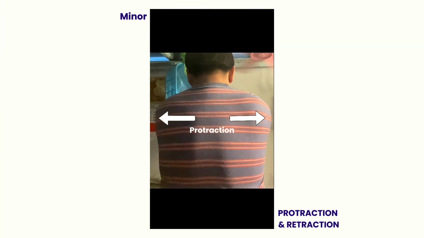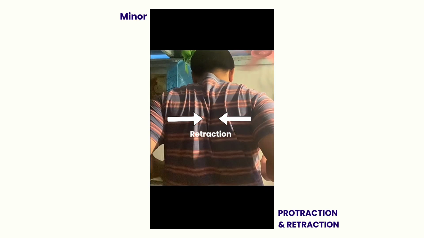Protraction moves the scapula forward or anteriorly and towards the side of the body or laterally, in an anterolateral direction. While retraction is the opposite movement, it's going to cause the shoulder blades to move back or posteriorly and more toward the body's midline, a movement known as posteromedial movement.